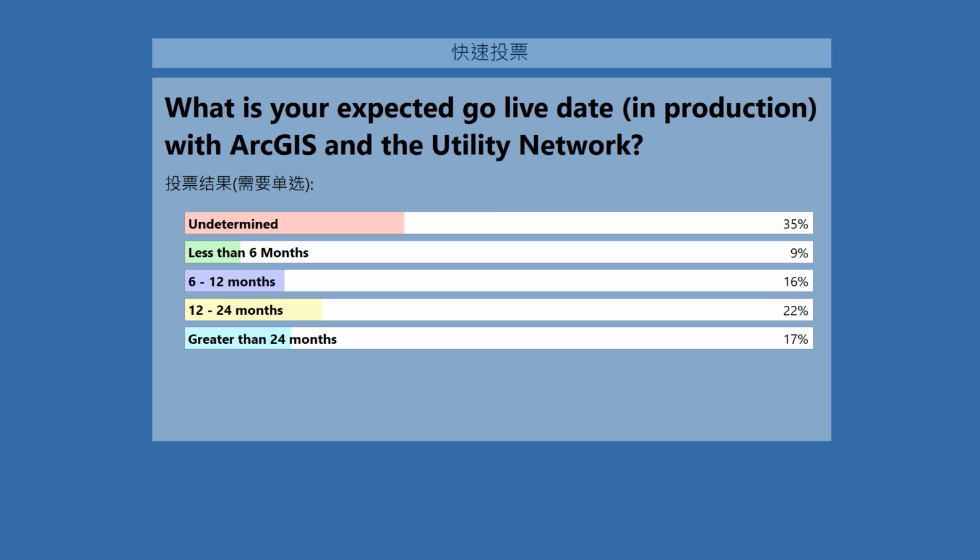So for those of you with a target go live date of 12 months or greater, or even undetermined, Chris is going to help you with charting a course for your implementation. Even if you're deep into your production implementation, I think you're going to find that the information that he provides insightful to your future implementation and enhancement efforts. So Chris, back to you.